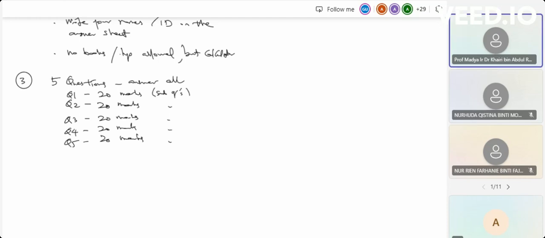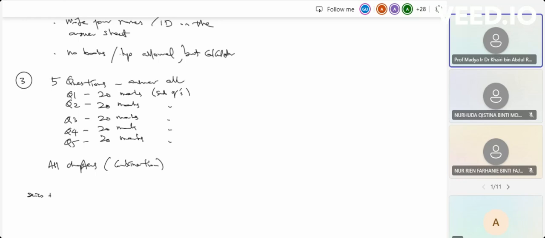So which chapters will be in the final? Famous question from the students. All chapters, okay? Most probably it'll be a combination. So just to recap what you've learned before: everything.